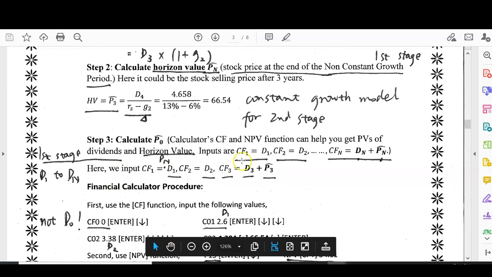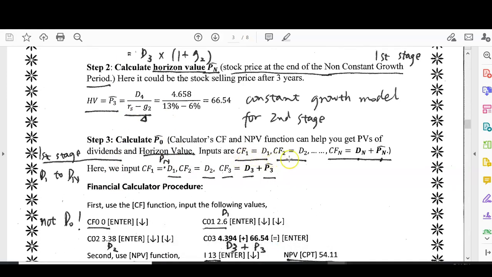Okay, so we need to input cash flow 1 as D1, cash flow 2 as D2 in the financial calculator, and cash flow n as Dn plus Pn. So here we can input cash flow 1 as D1, cash flow 2 as D2, cash flow 3 as D3 plus P3. Okay, we discount D1, D2, D3 because we need to discount all the dividends in the first stage.